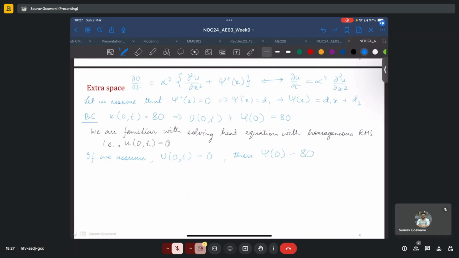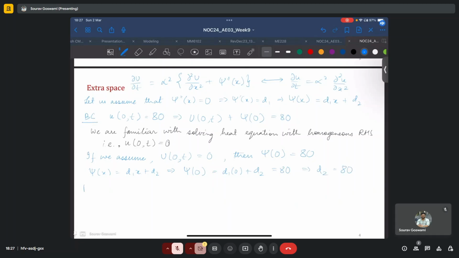Psi at 0 must be 80, and this can help us find the value of d1 and d2. So psi of x is equal to d1 x plus d2, which implies that psi at 0 should be equal to d1 times 0 plus d2, which is 80, or d2 would equal 80.